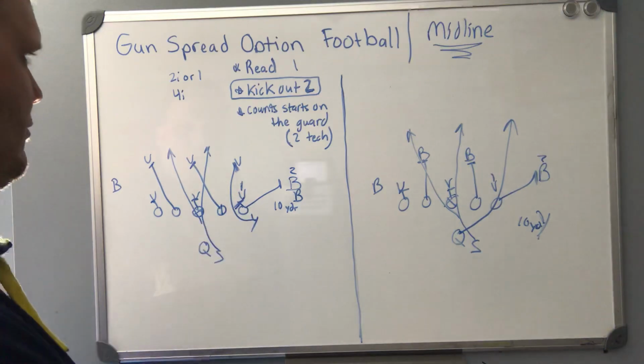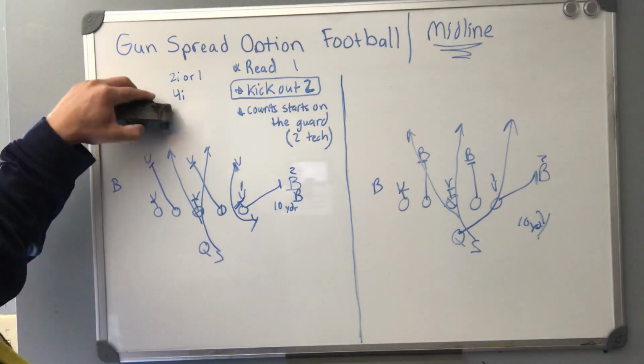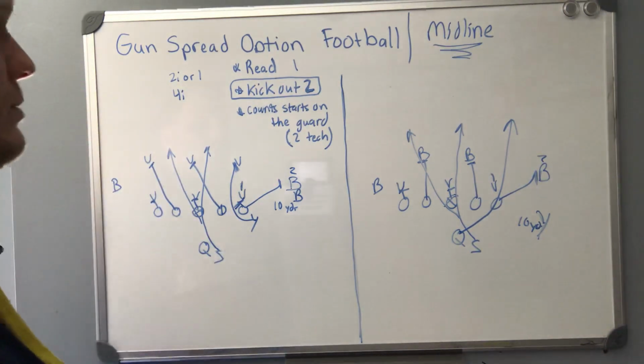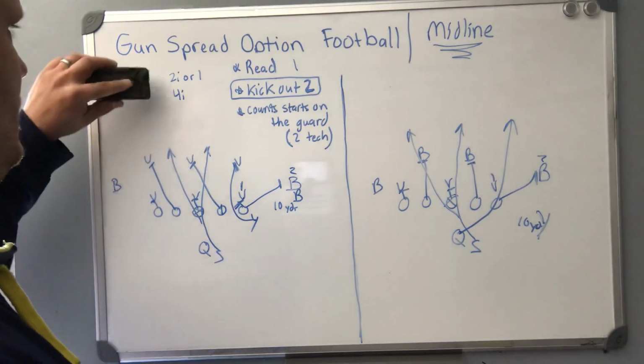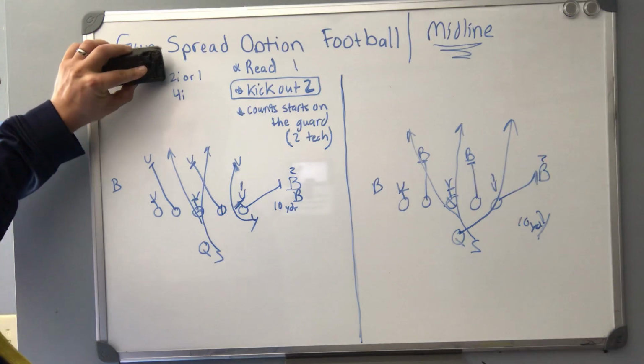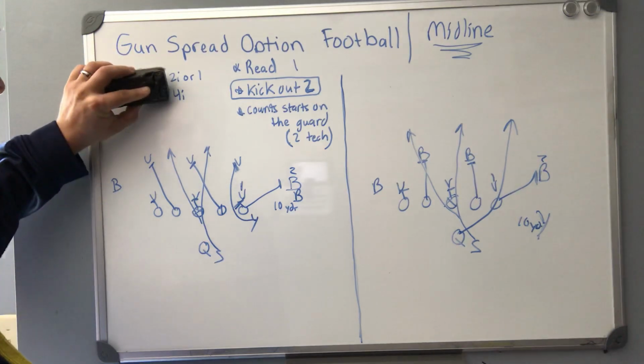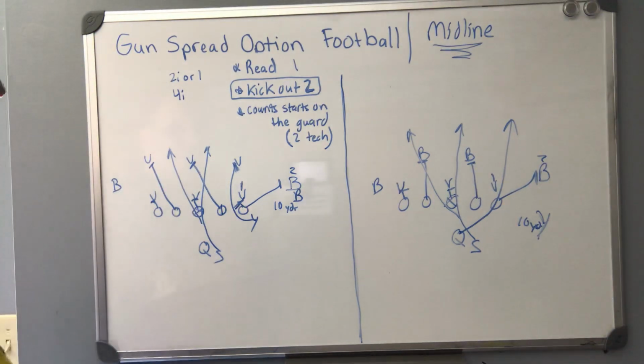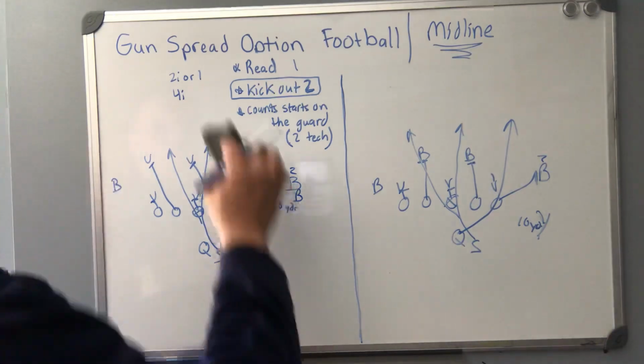If he wants to line up in a 4-eye, we're either going to audible to speed option or to sweep. So you have to audible. If you have midline called, you have to audible if they're lined up in a 1 or a 2-eye, or if the D end is in a 4-eye. But that is the play concept.